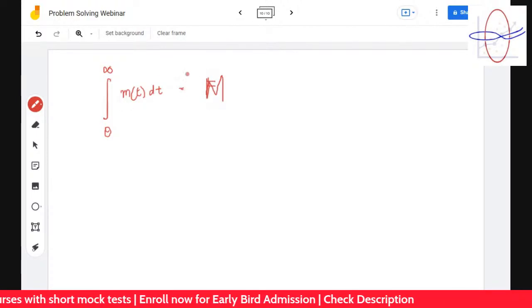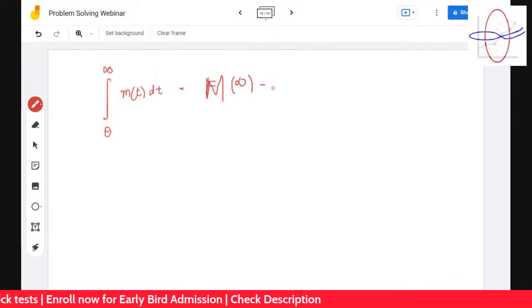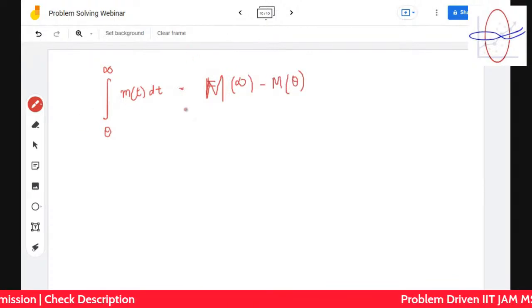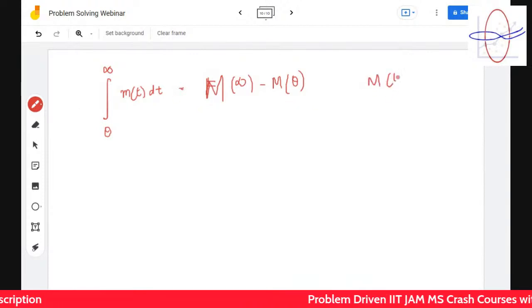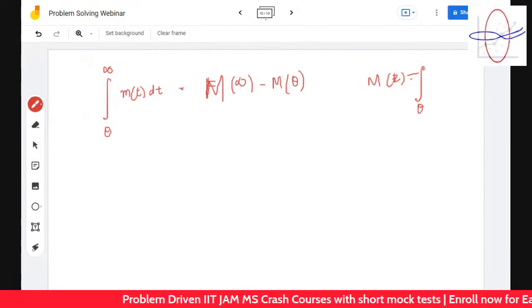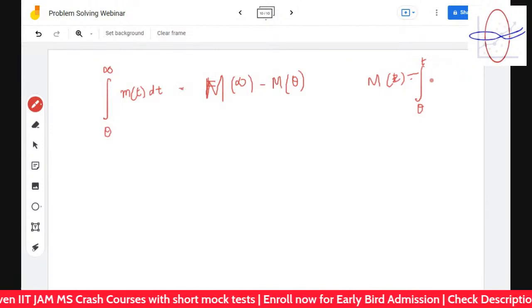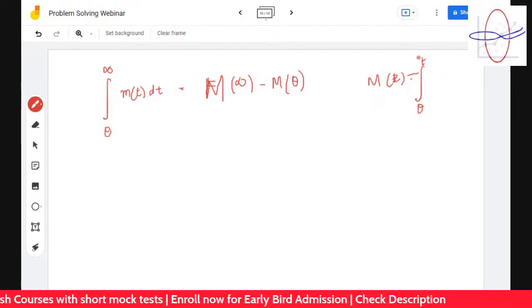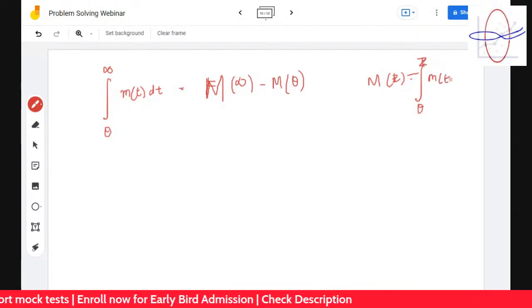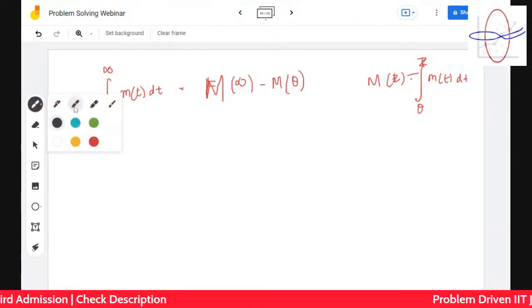If we calculate the indefinite integral, it's M(infinity) minus M(theta), where M(z) is the integral of the small m(t), like the CDF and the integrand.